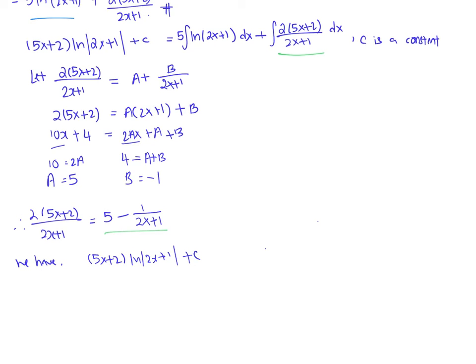This is equals to 5 integration of ln 2x plus 1, oops, sorry, I forgot the dx, plus the integration of, rewriting it in the partial fraction form, 1 over 2x plus 1 dx.